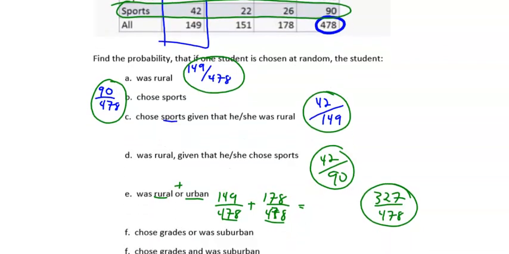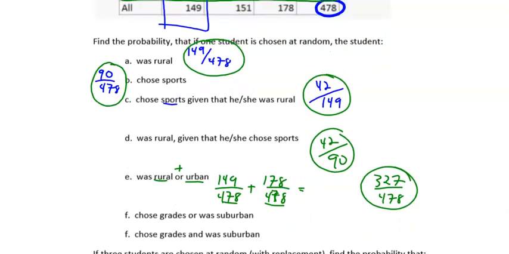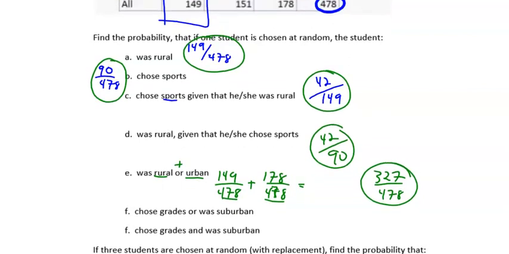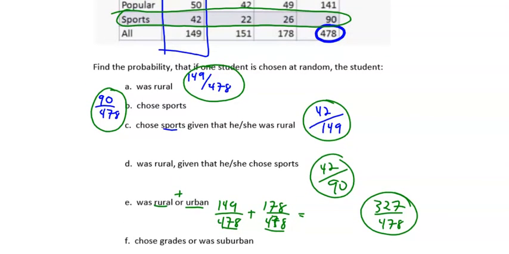Okay, F. Chose grades or was suburban. So for F, chose grades or was suburban. So who picked grades? 247 chose grades. And then suburban was 151. But then we have to subtract, and this is the case where we subtract the intersection. So to subtract the intersection, it was the people who chose grades and were suburban.